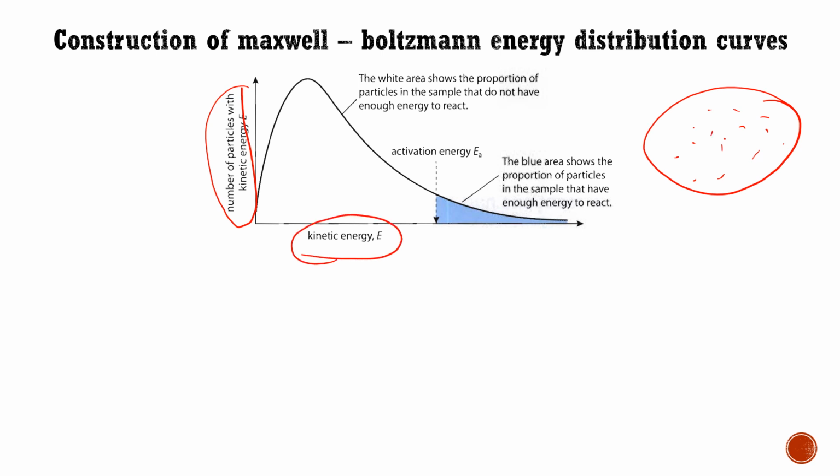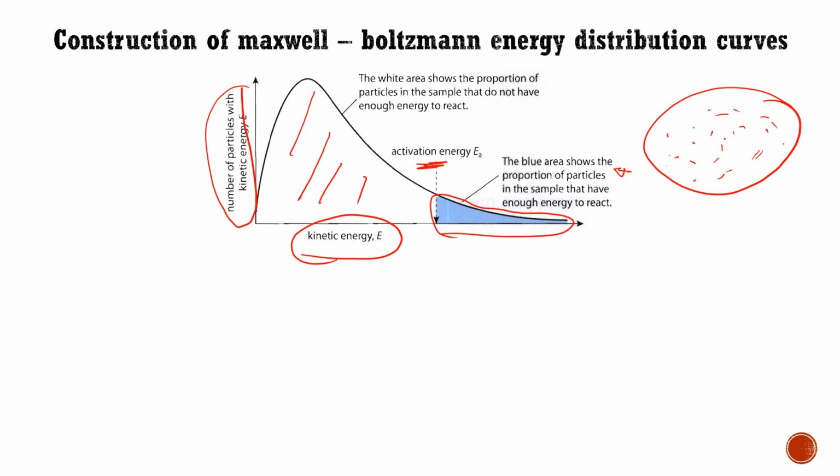So let's imagine that in our balloon, a small percentage of these particles have energy higher than the activation energy. So they are ready to react. The blue area shows the proportion of particles in the sample that have enough energy to react, while the big percentage, the white part, shows the particles that do not have enough energy to react.